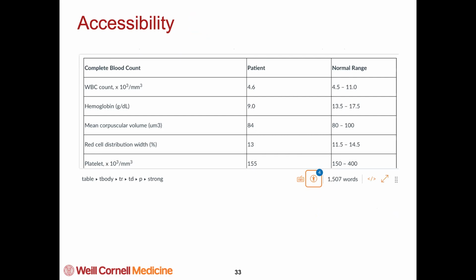A very common type of accessibility issue can be not adding a heading to an image or to a table. So in this instance, I have a table full of fake patient data, and someone who may have an accessibility or disability issue needs to know, what is this table telling them?